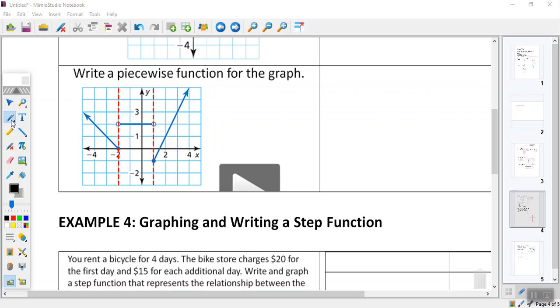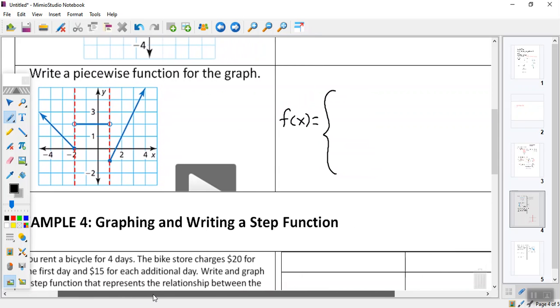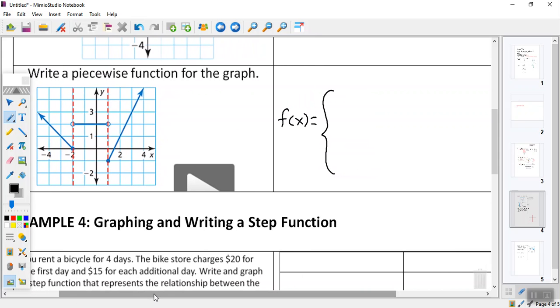Okay, here we go with this. I'm going to come down here and write f of x equals, and start our piecewise function. Let's talk about the part left of -2. Now, I don't know what the y-intercept is, but could I follow this line far enough down to know what the y-intercept would be?